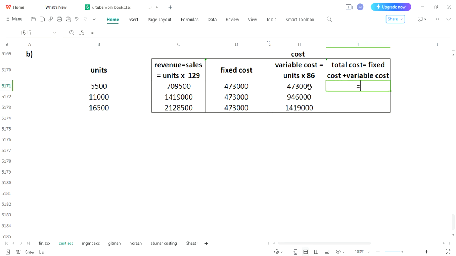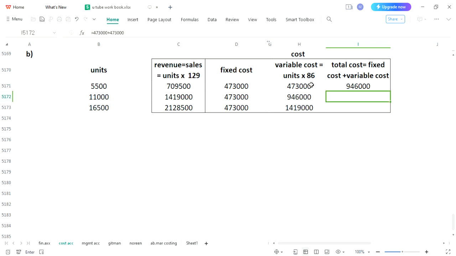Your fixed cost was 473,000 and you will add the first variable cost, which was also 473,000. Let's check it out.